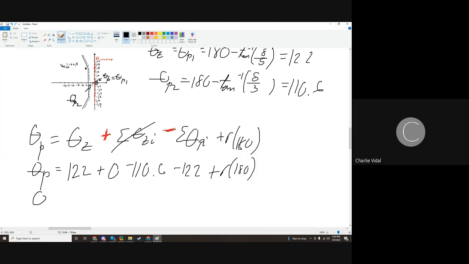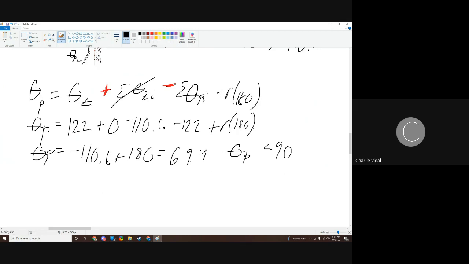After that, you find theta p to be negative 110.6 plus 180. We're going to choose positive 1. This is the only time we choose positive 1 for this exam so far. Well, I don't know how it'll be on the actual exam. It could be positive 3, negative 3, whatever. And then we get 69.4. We now know that theta p is less than 90, so we don't have to do the whole thing afterwards.